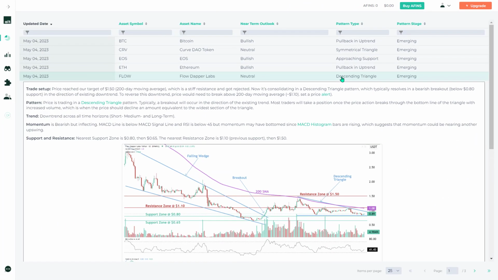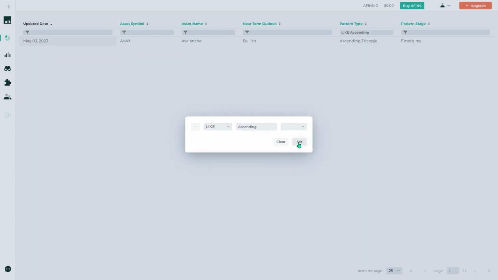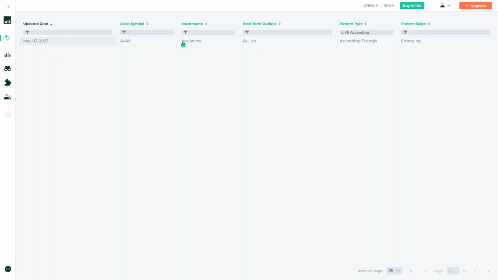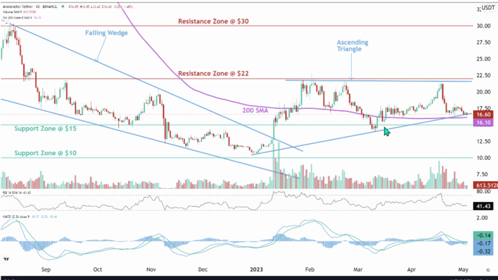Ascending triangles are the opposite, actually. If we take a look at ascending triangles, in this case, only one out of the 60 that we analyze is trading in an ascending triangle, and that's Avalanche. It's the opposite, where every time the price dips, there are buyers who push the price up, and then it gets stopped out at that horizontal resistance zone of the triangle. In this case, that's at $22.